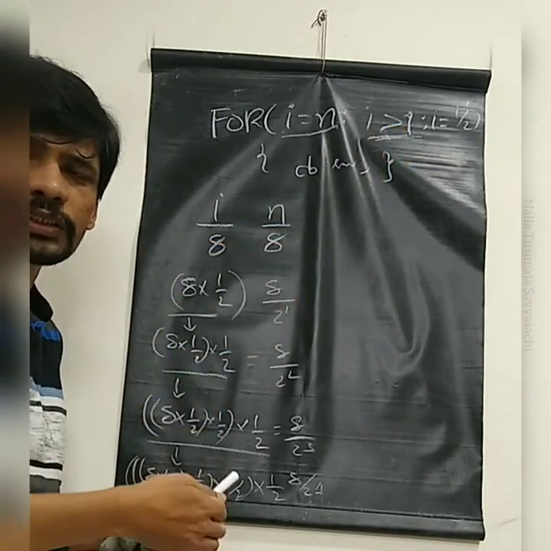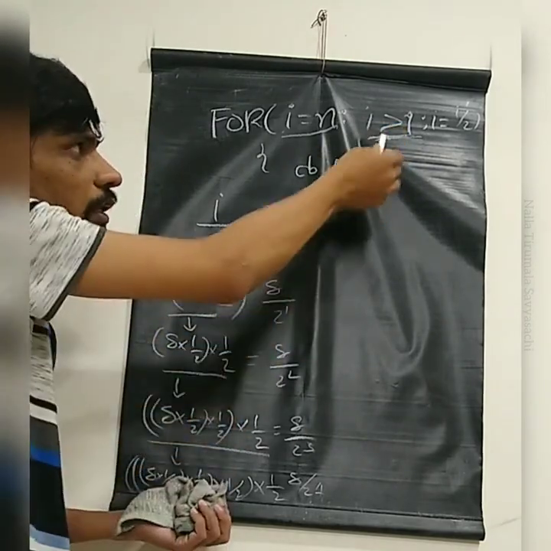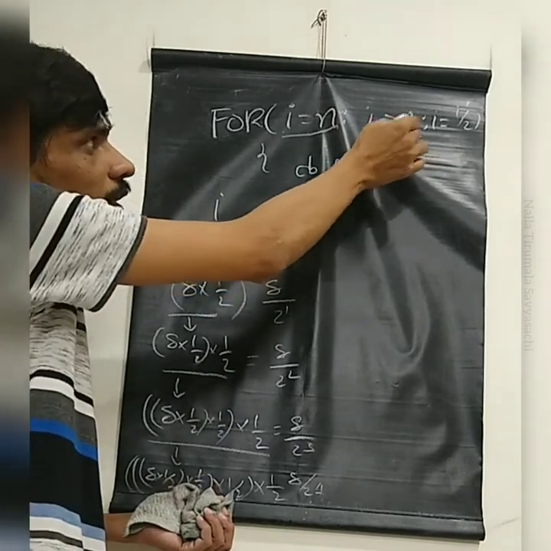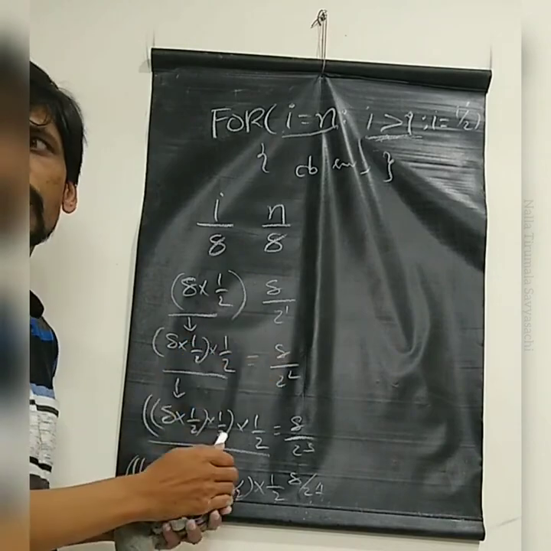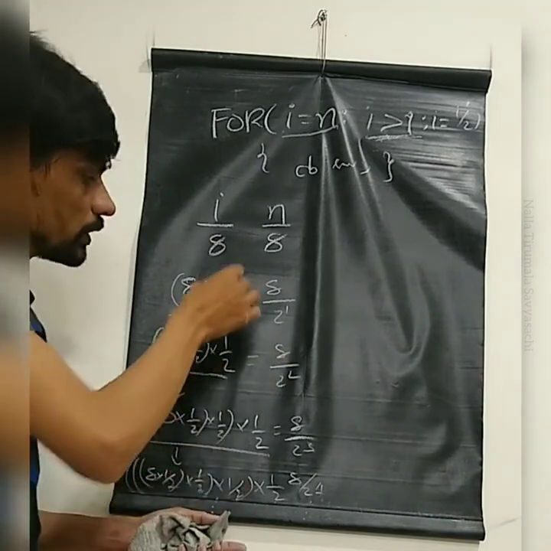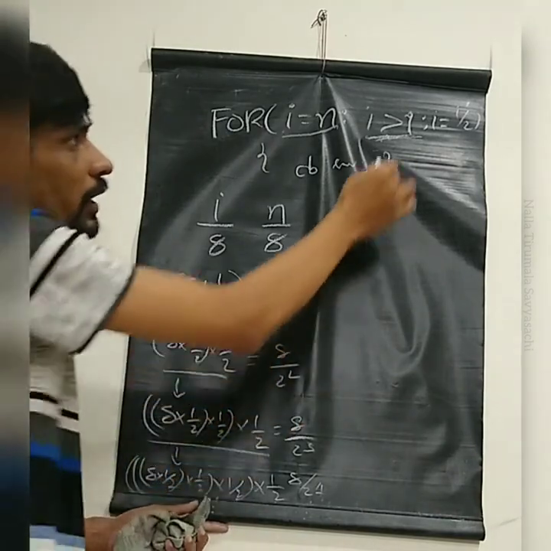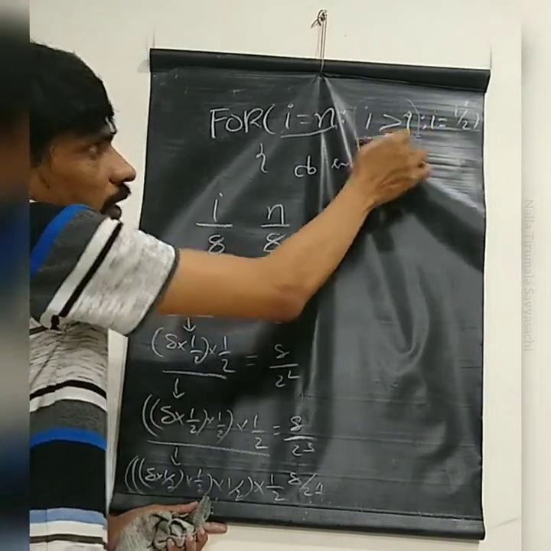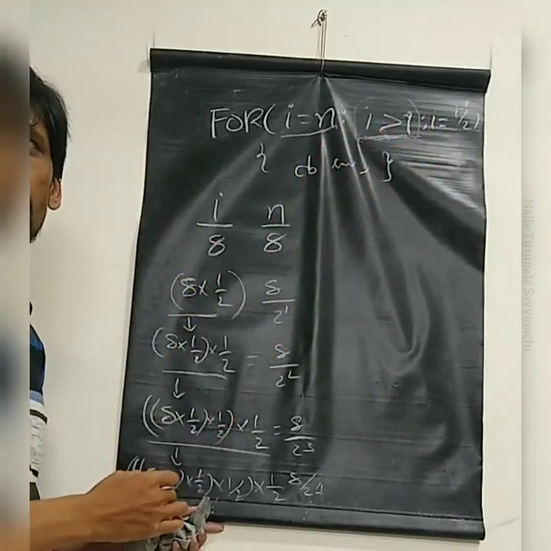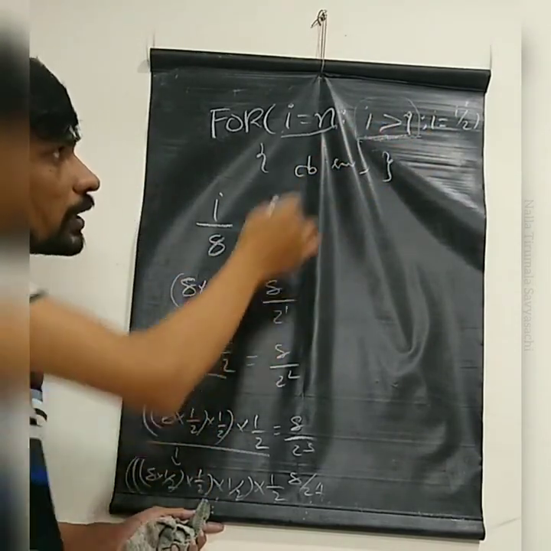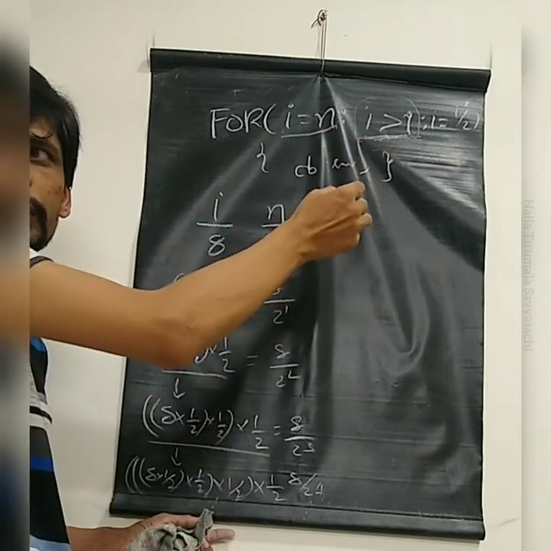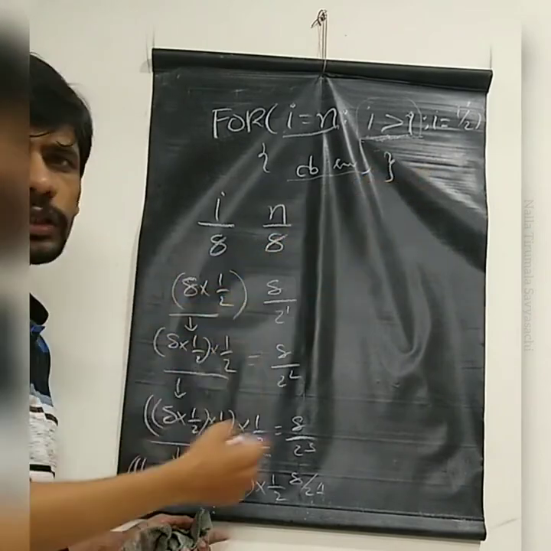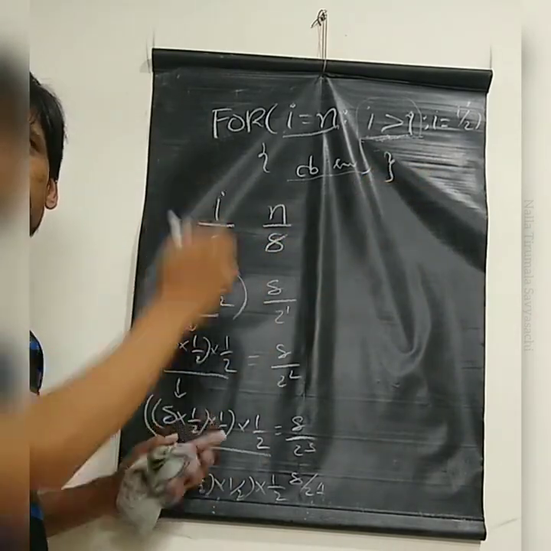If i becomes less than 1, then the condition fails and we will break the execution. So this pattern will repeat until that condition fails. If that condition is satisfied, then we will execute. Otherwise, we will stop the execution of this for loop.